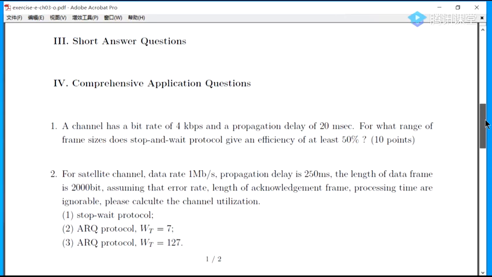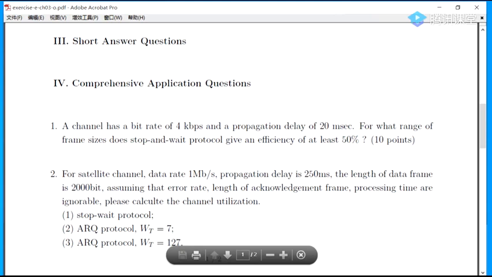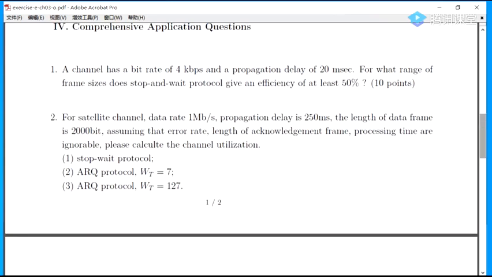Short answer questions. There are no short answer questions for this chapter. Okay, comprehensive application questions. A channel has a bit rate of 4 kbps and a propagation delay of 20 milliseconds.